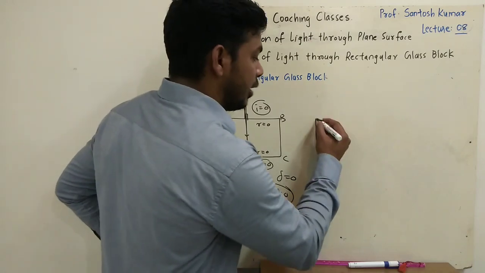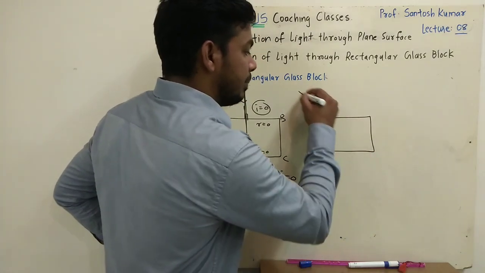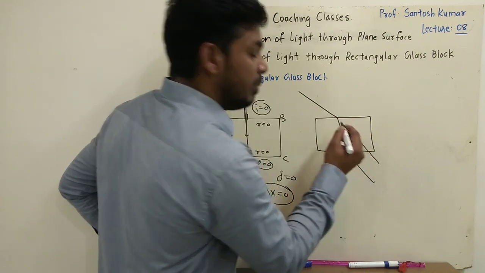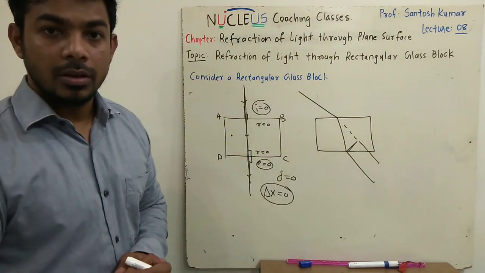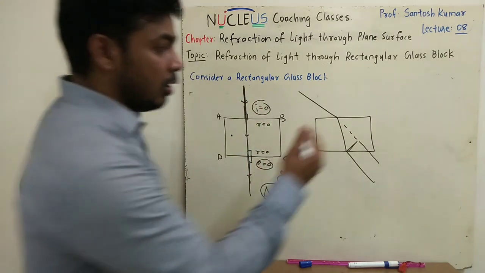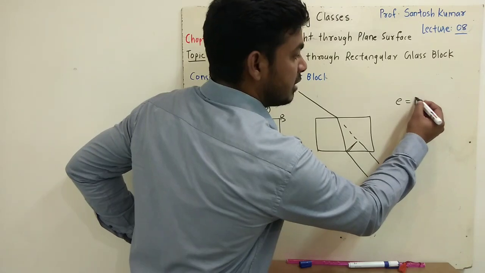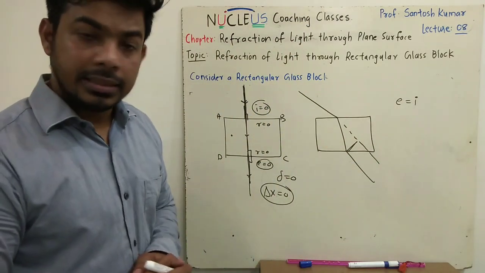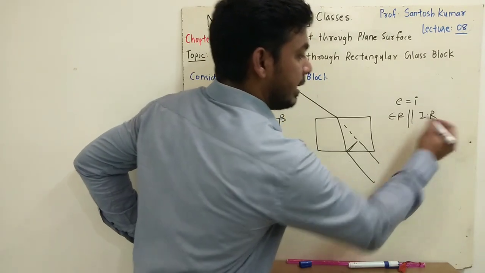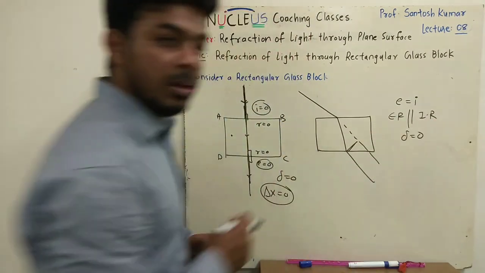Whereas if a ray of light passes obliquely through a rectangular glass block, there will be some lateral shift. So remember, if a ray of light is incident normal to the surface, the common things are: the angle of emergence will be equal to the angle of incidence, the emergent ray will be parallel to the incident ray, and the angle of deviation will be 0.